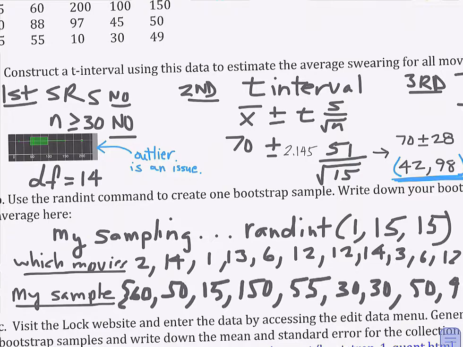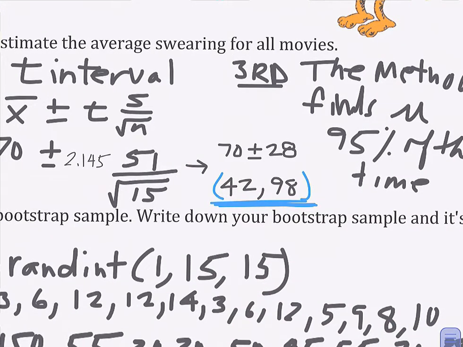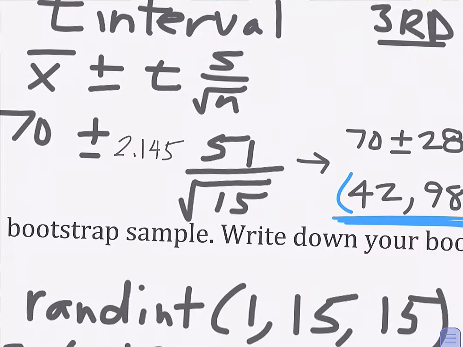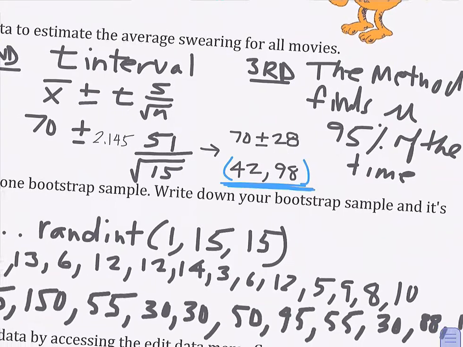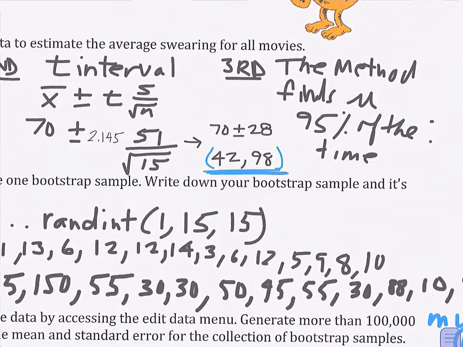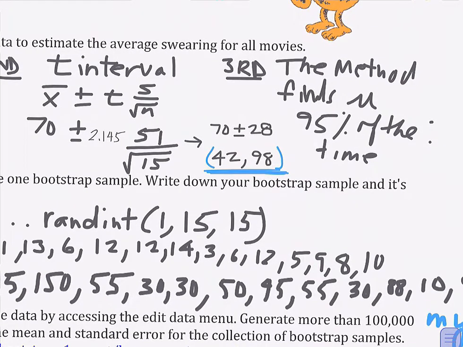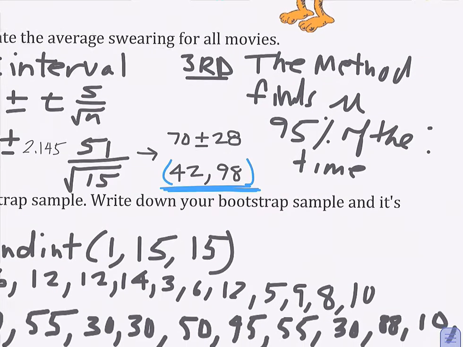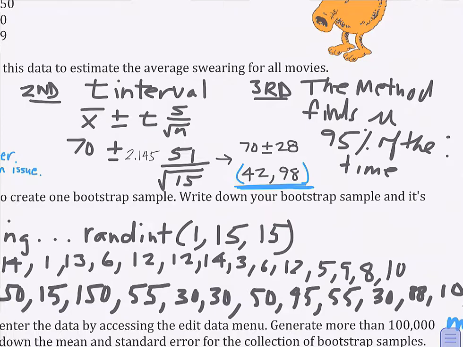So our degree of freedom is 14, and using a confidence interval of 95%, I was able to figure out using the table that the t-value was 2.145. So using that technique, we're finding that the method is indicating that the true average very likely could be between 42 and 98. 95% of the time, the method will find the true average. And it's a pretty wide interval, and a lot of that has to do with the fact that the sample size is so small.